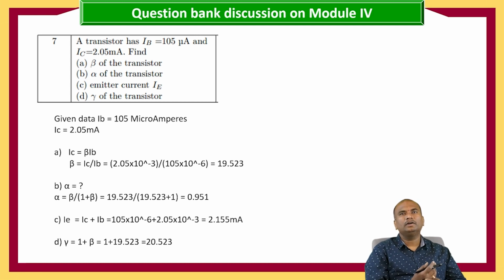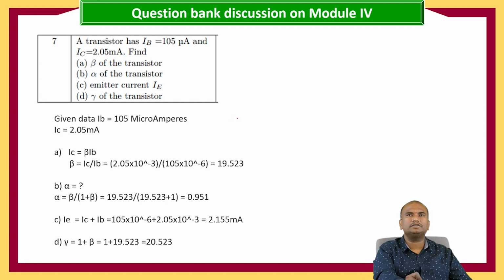Now only IB and IC values are given. We need to calculate the beta, alpha, IE and gamma. So in order to calculate the beta, IC is equal to beta into IB plus ICBO.